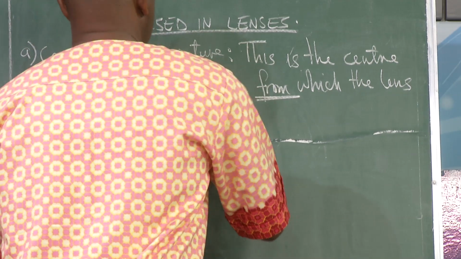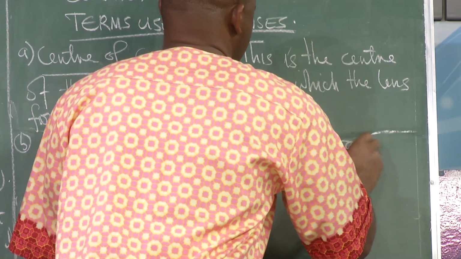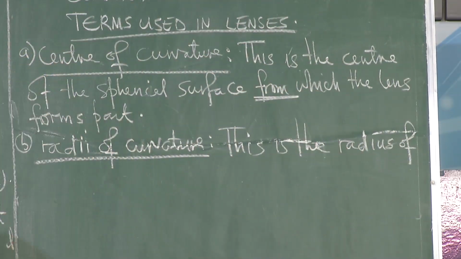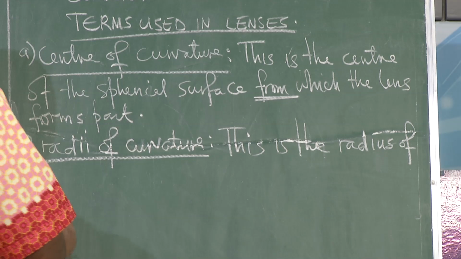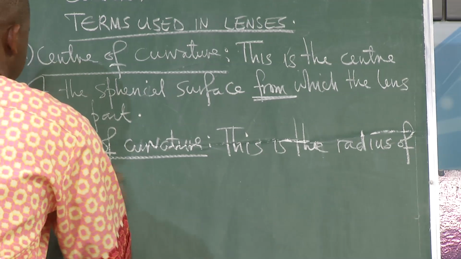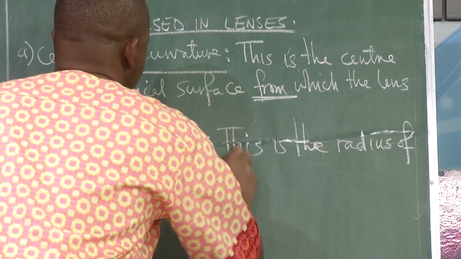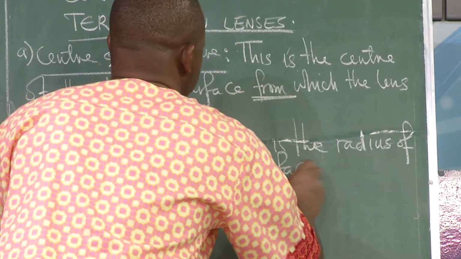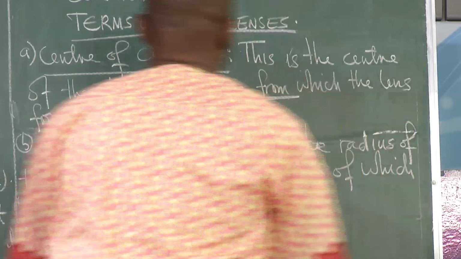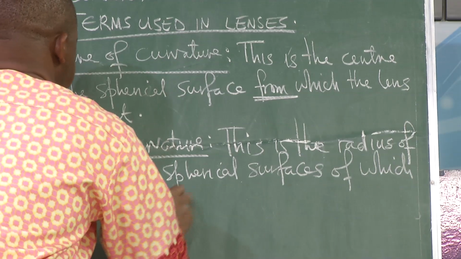We can say that this is the radius of the spherical surfaces of which the lens forms part.